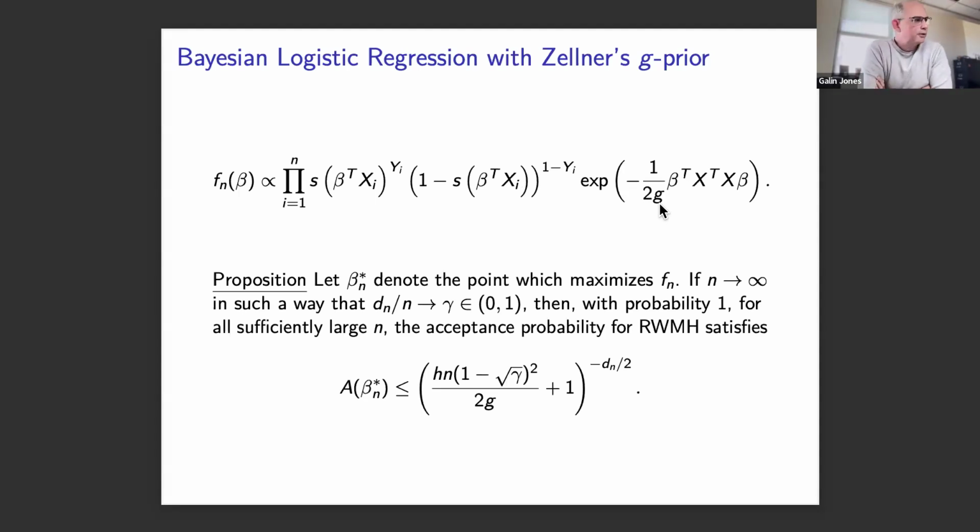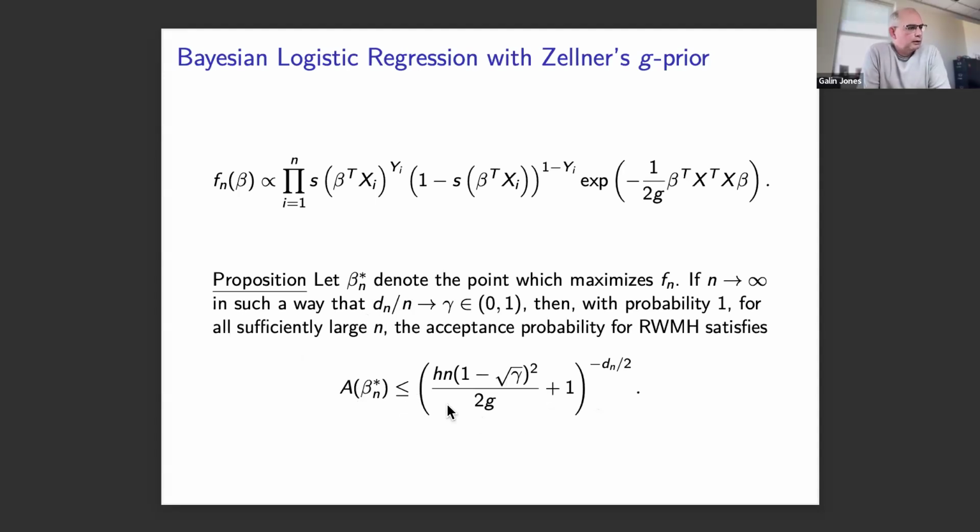So the first result that we have is that if we let beta star be the point which maximizes this posterior, and we're going to allow both the dimension and the sample size to increase, but not too fast, the dimension can't increase too fast at this point. Then with probability 1, for all sufficiently large n, the acceptance probability satisfies this relationship here.